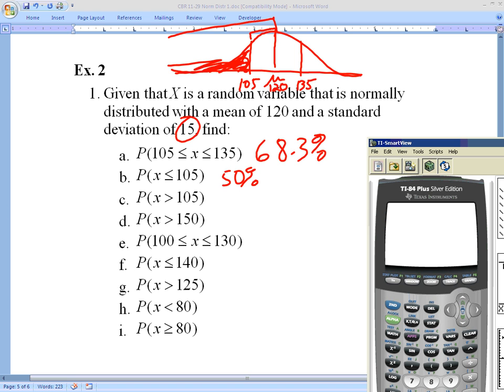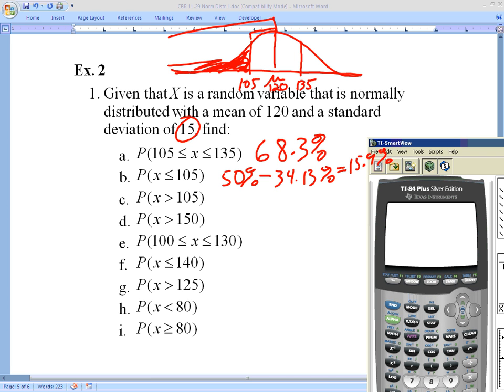So I'm going to take 50% minus 34.13%. And if I subtract those, I am left with 15.9 roughly. 15.9% would be the answer here.